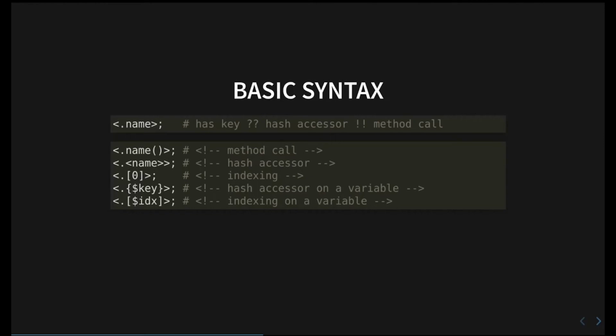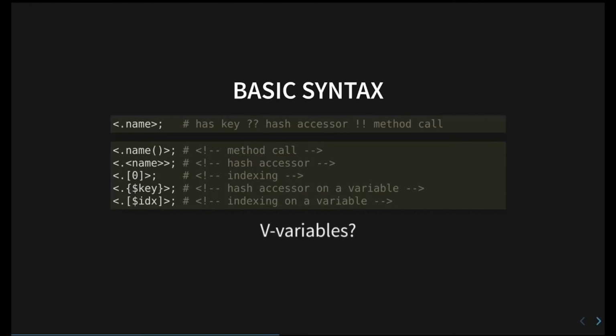After that, we can observe some other forms of this syntax. For example, parentheses, they always demand a method call, and the angle brackets, they always demand a hash access. We can also index the topic if it does the positional role, and then the same forms but with variables.